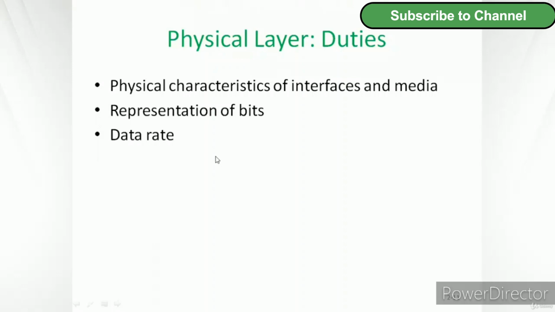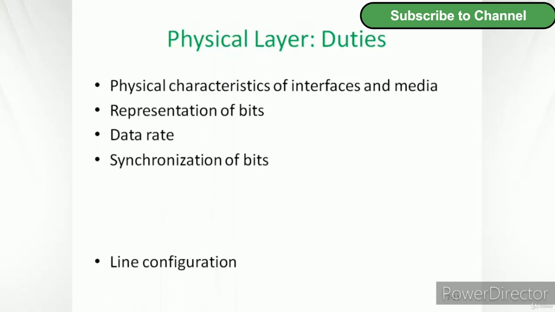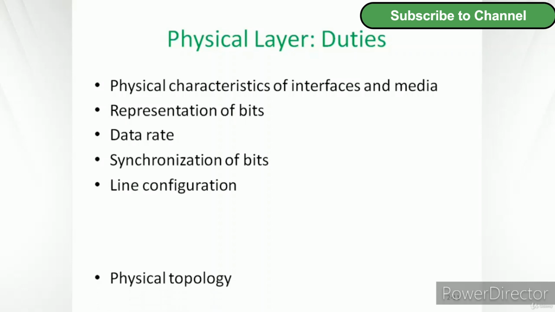After that, data rate, how fast the movement of bits is to be done. Then synchronization of bits. After that, line configuration, meaning how the line configuration is done, whether point to point communication or multi-point communication. That is to be defined.